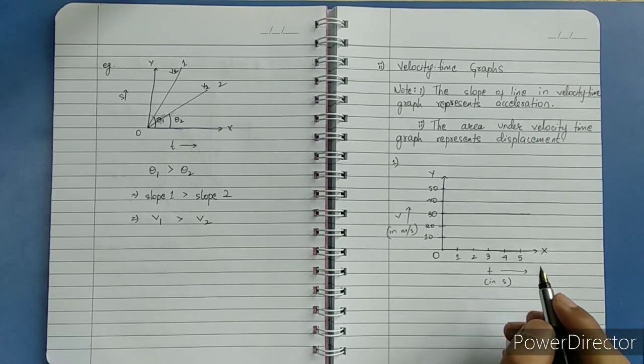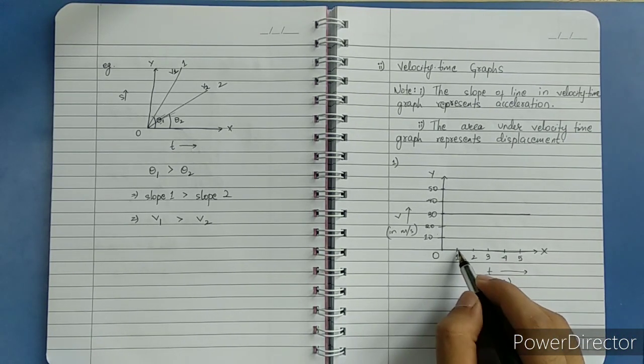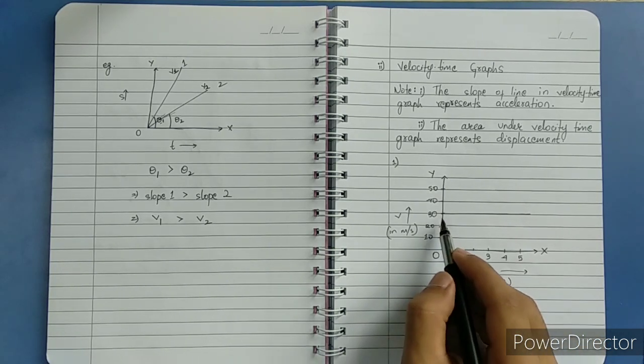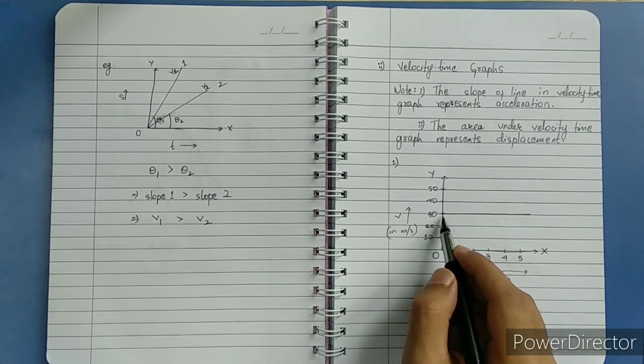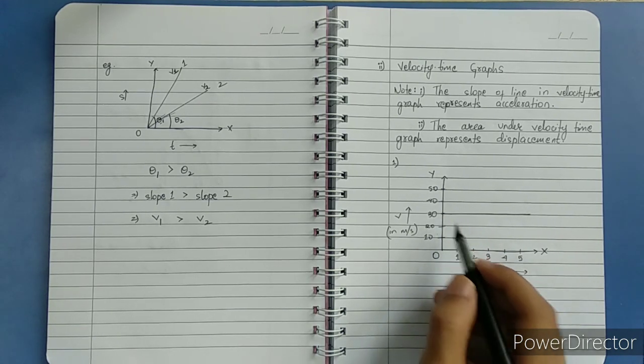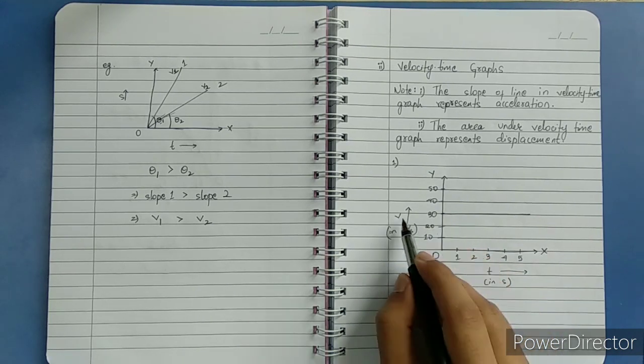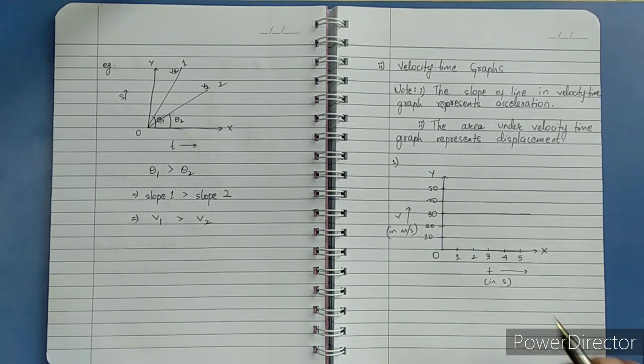See, when the time is 1 second, velocity is 30 meter per second. In the previous case, we saw that the displacement was 30 meters. Here the velocity is 30 meter per second because y-axis here represents velocity.